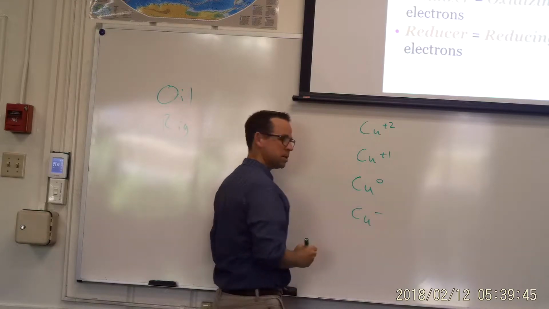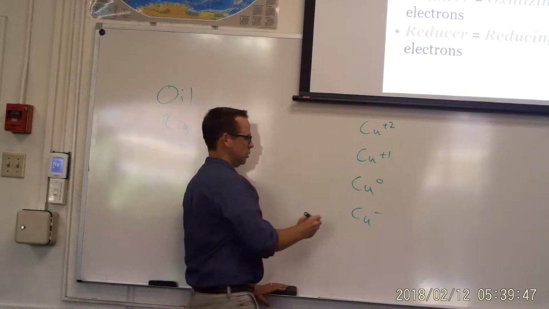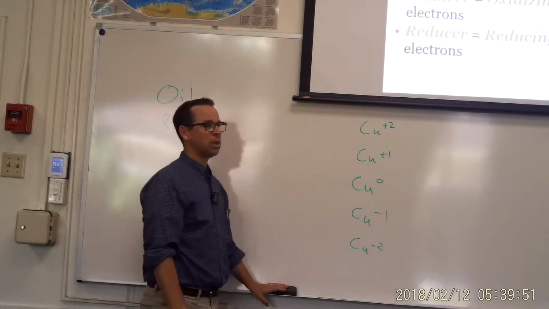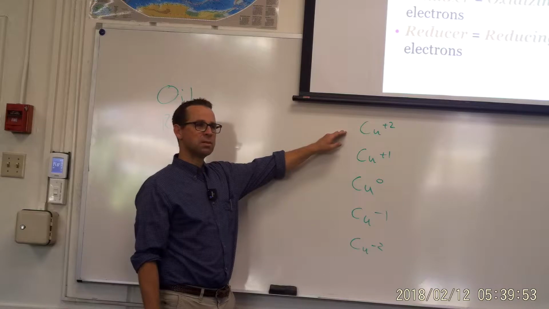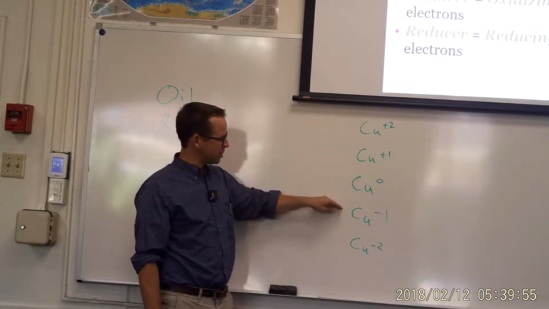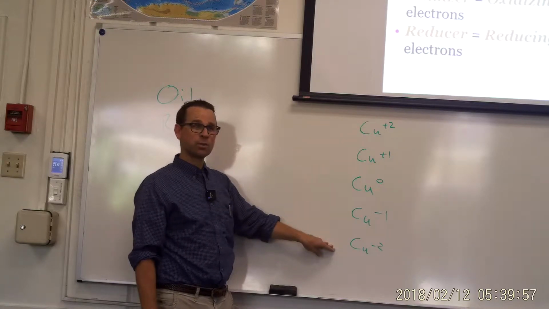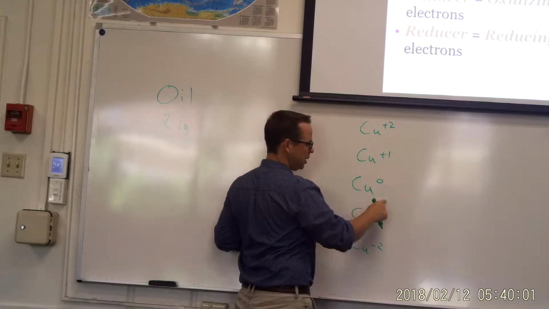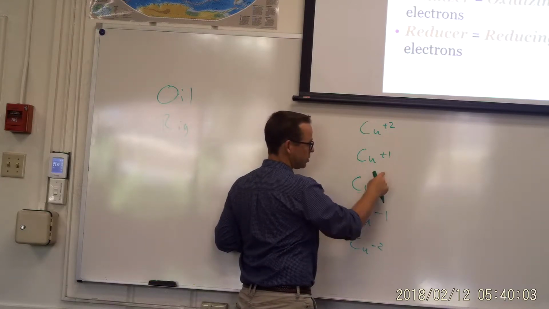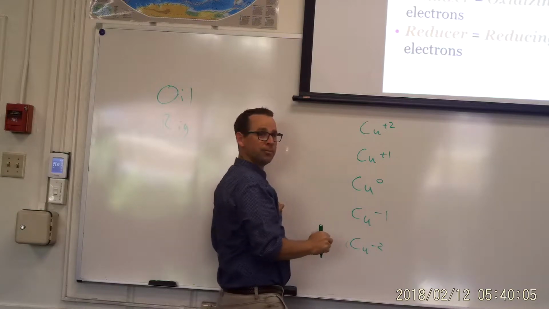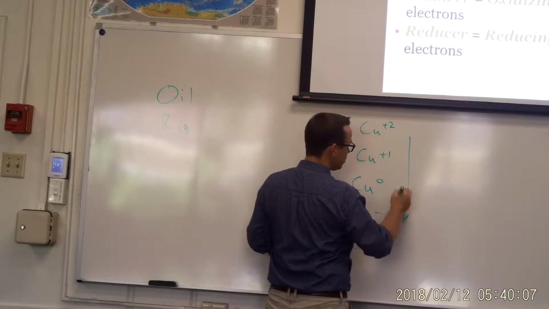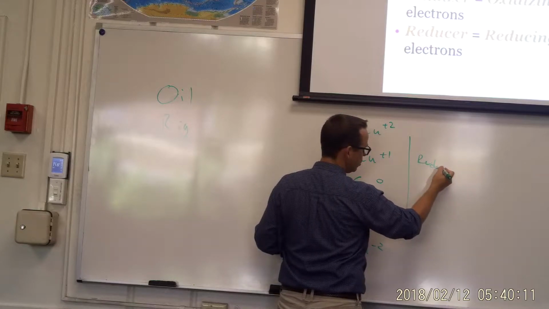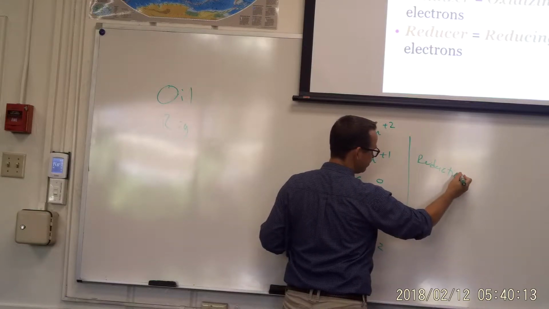Copper -1, copper -2. So if I'm here at this species, and I gain electrons as I move down, see how that works? The oxidation number here is being reduced. The value is being reduced. Can you see that? So when I gain electrons, that oxidation number is reduced, and this is called reduction.